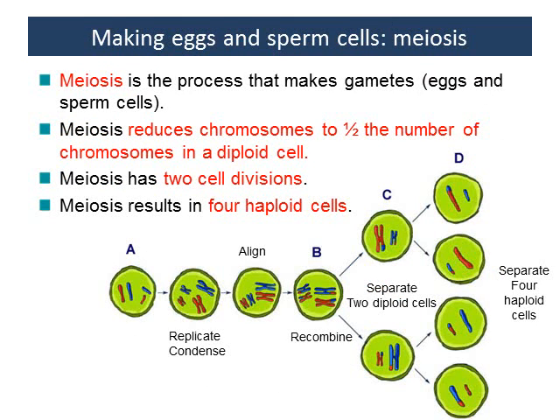But the next one is meiosis. Meiosis is the process that makes gametes, so eggs or sperm. Meiosis reduces chromosomes to 1/2 the number of chromosomes in a diploid cell. They have 2 cell divisions. It's a little bit different. It results in 4 haploid cells. So what will happen is that now your mom and your dad have these different sets. They will replicate like they did in mitosis. But then they line up and they find their partner.